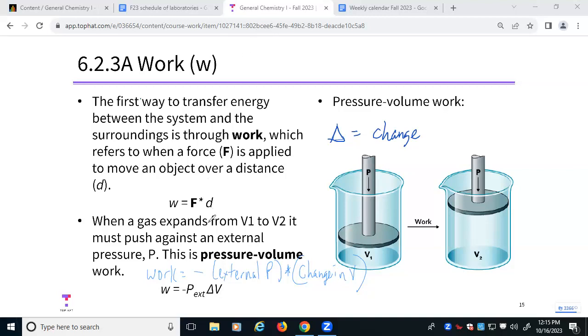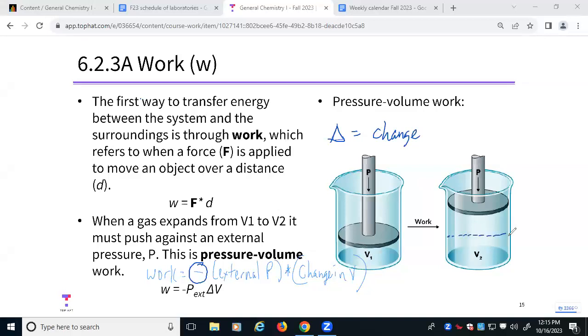Now, the other thing that we want to look at here is this negative sign. Why is this negative sign there? Well, here's where we have to remember our sign conventions. If my system expands, that means that delta V is going to be increased. It's going to be a positive number.